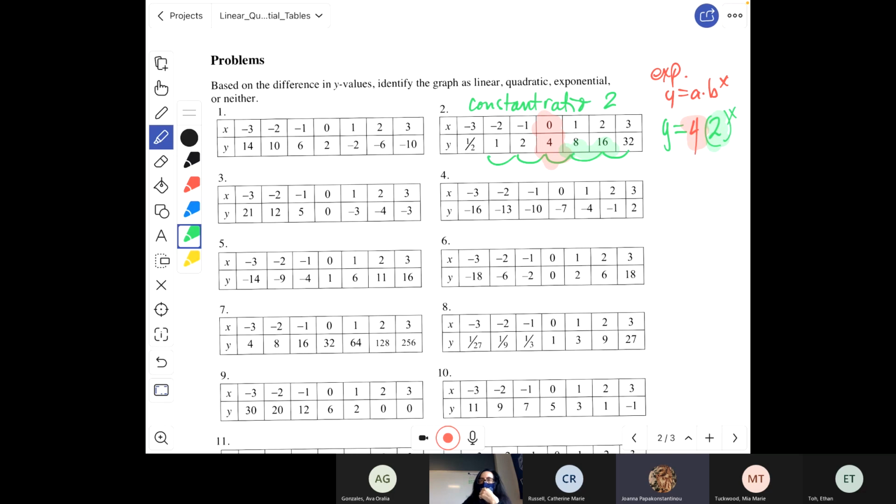Those of you online, can you see it in Canvas under assignments? It's called Pop Quiz 4.1. Mia, Ethan, Catherine, Ava, do you see it? I don't see it.